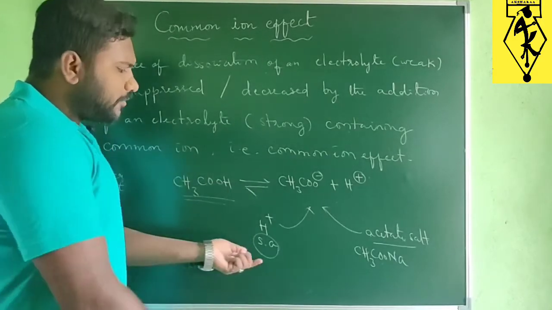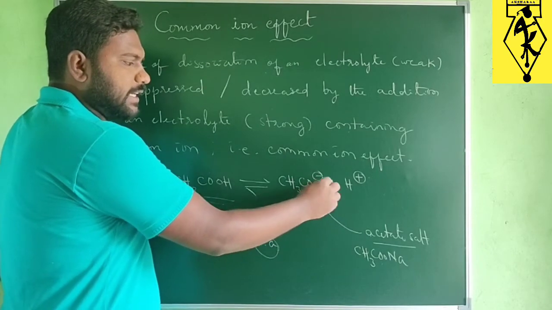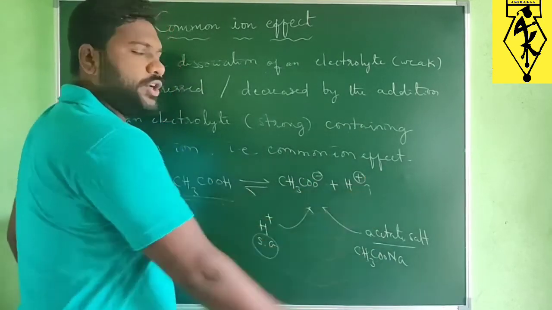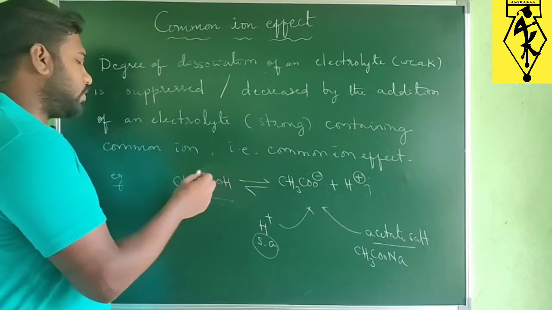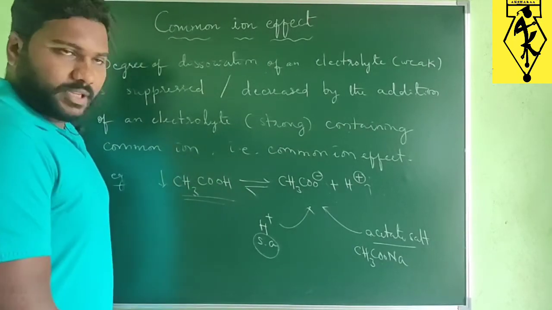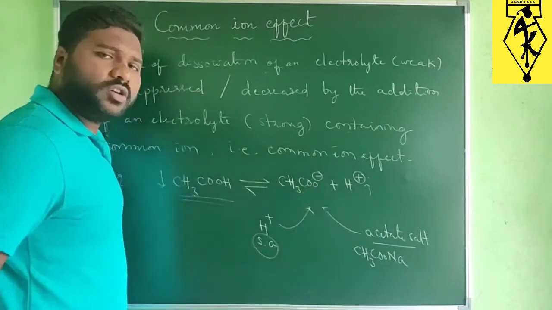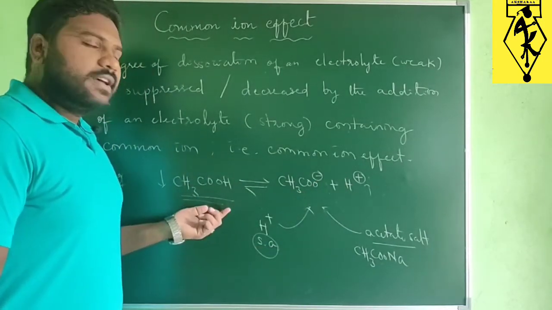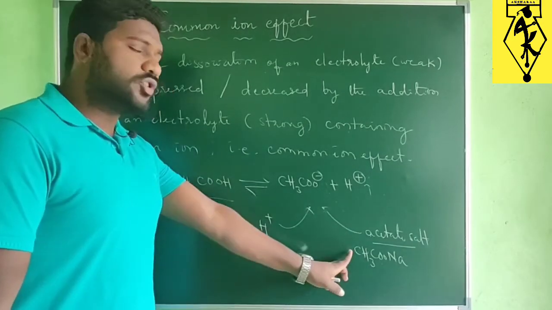What will happen if we add any of these two? The concentration of acetate ion or H plus ion is going to increase, then the degree of dissociation of CH3COOH is going to decrease.